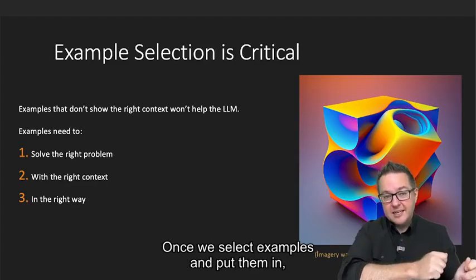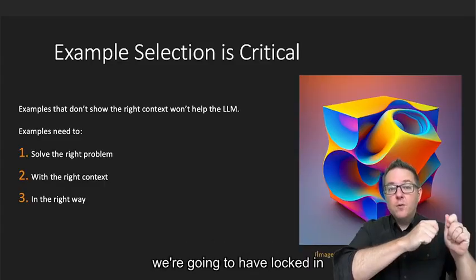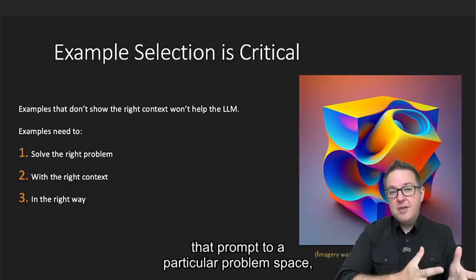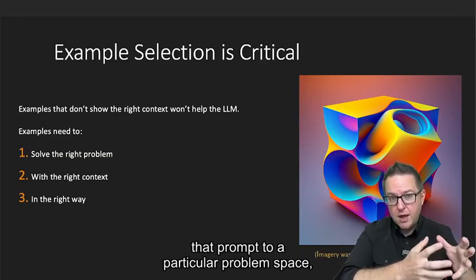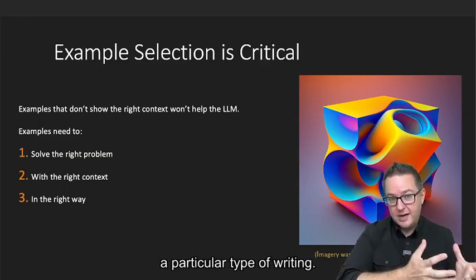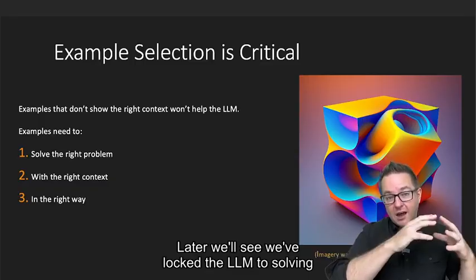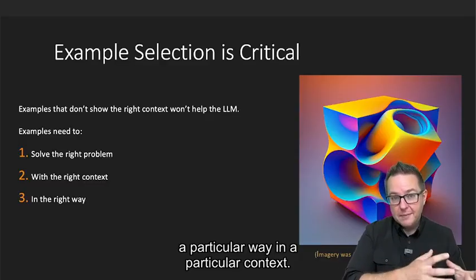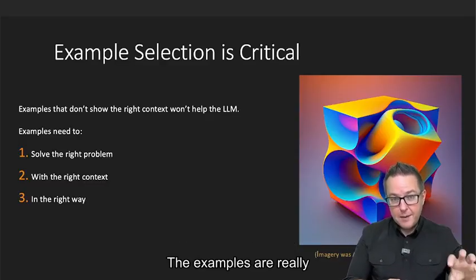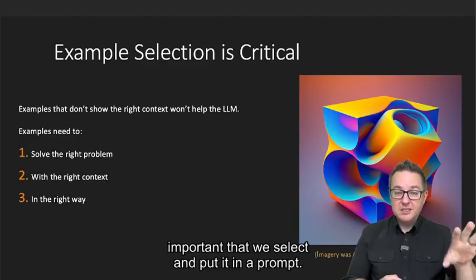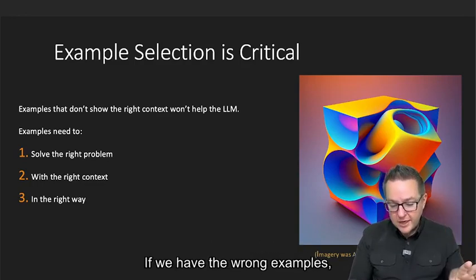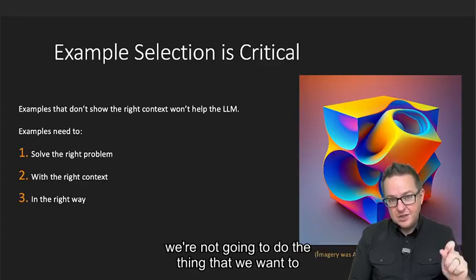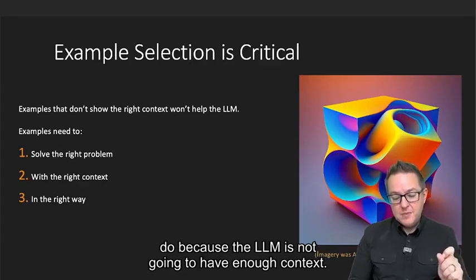So once we select examples and put them in, we're going to have locked in that prompt to a particular sort of problem space, a particular type of writing. Later, we'll see we've locked the LLM into solving a particular type of problem in a particular way, in a particular context. So the examples that we select and put in a prompt are really, really important. And if we have the wrong examples, we're not going to do the thing that we want to do, because the LLM is not going to have enough context.